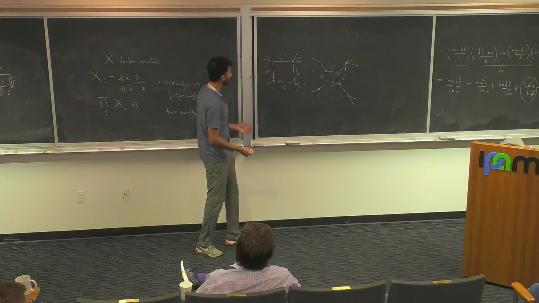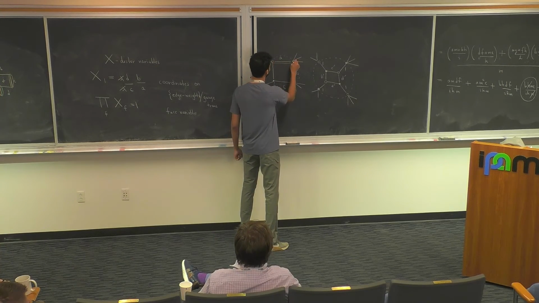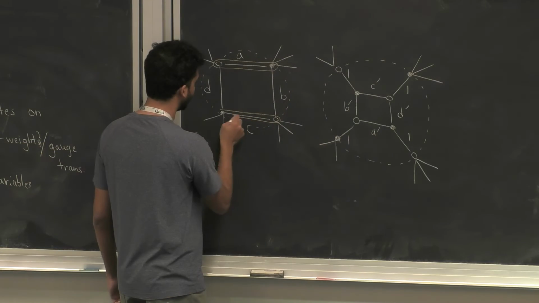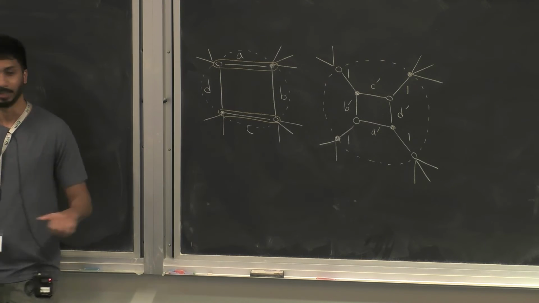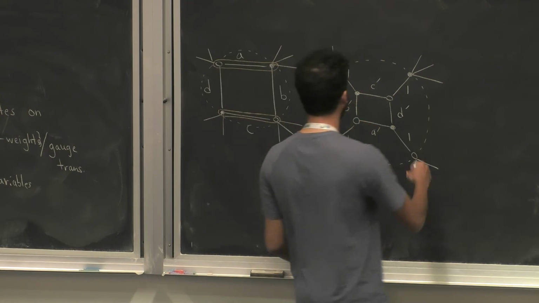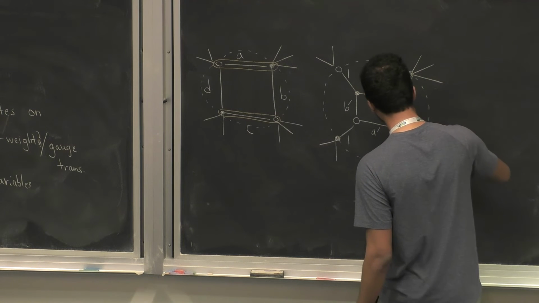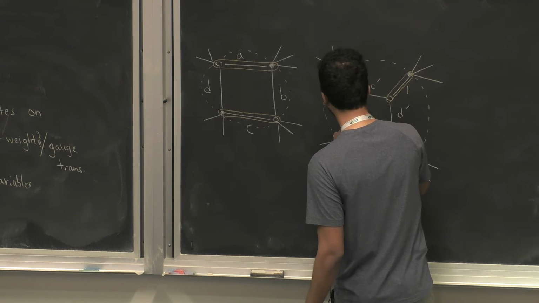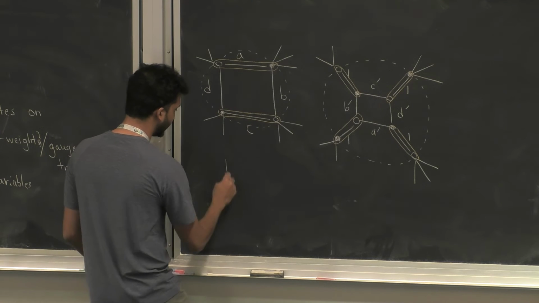Now, what you want is, suppose you have a perfect matching like this that uses all the 4 boundary vertices. Then you have corresponding perfect matchings on this side that use all the 4 boundary vertices. In fact, there's only one on this side, while there are two on this side.